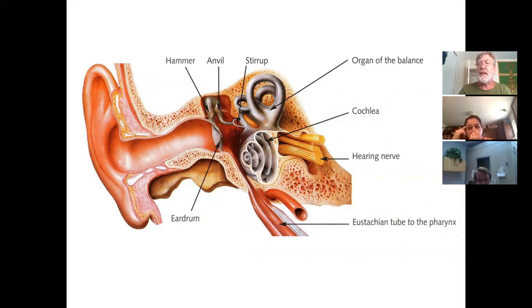You'll be studying for about 3 or 4 weeks in the semester all about the cochlea. Remember, this is the overview, totally. And then here's the hearing nerve, or the 8th cranial nerve, that sends info to the brain. And this is eustachian tube to pharynx. Don't freak out. Pharynx just means throat. Eustachian tube to throat.